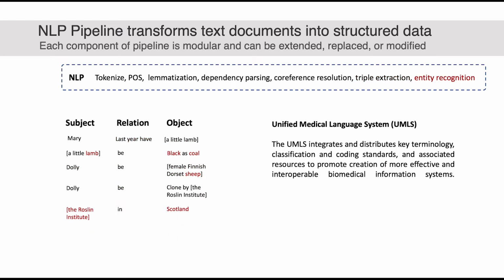The way that we did that was by basically saying, hey, we're only going to keep the subset of these where we see a concept that shows up from the Unified Medical Language System, or UMLS. UMLS is basically an integration of distinct key terminologies, classification, and coding standards that promotes the creation of more interpretable biomedical information systems. I won't take you through UMLS, but I'm making you aware of it in case you want to use it for simplifying language or doing things in a project of your own.